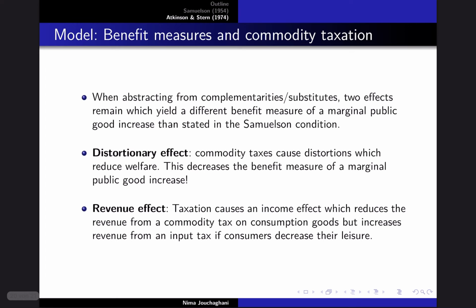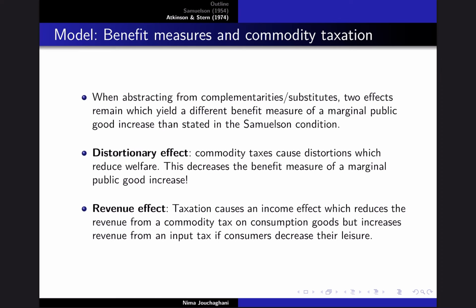Now the paper proceeds to abstract from complementarities and substitutes to show that even if we do not have complementarity or substitutability between private goods and public goods, we still have two remaining effects, and those effects yield a different benefit measure of a marginal public good increase than what we had in the Samuelson condition.